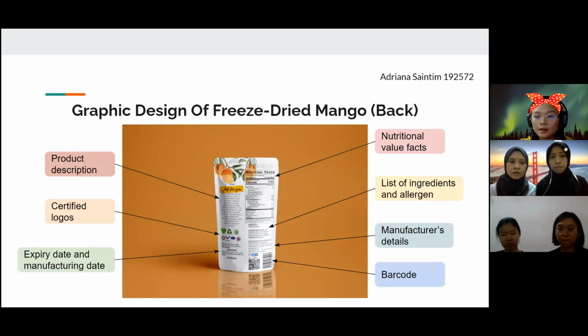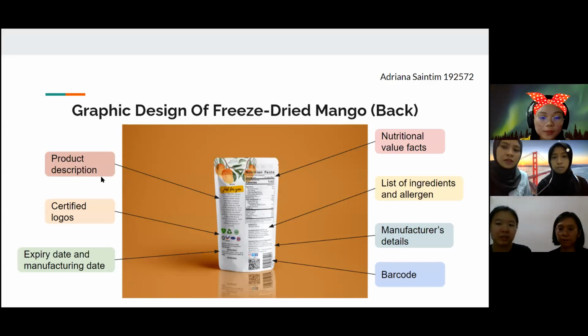And then this is the back design of our packaging, which includes the product descriptions.